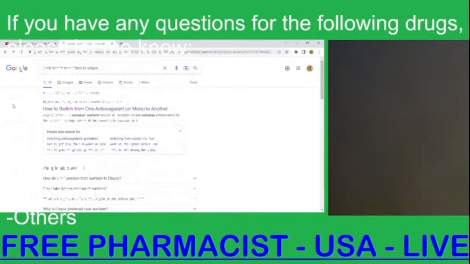For example, if the patient's INR is therapeutic at the Coumadin clinic visit, I used to have the patient stop taking warfarin about 2 days prior to starting the Eliquis.